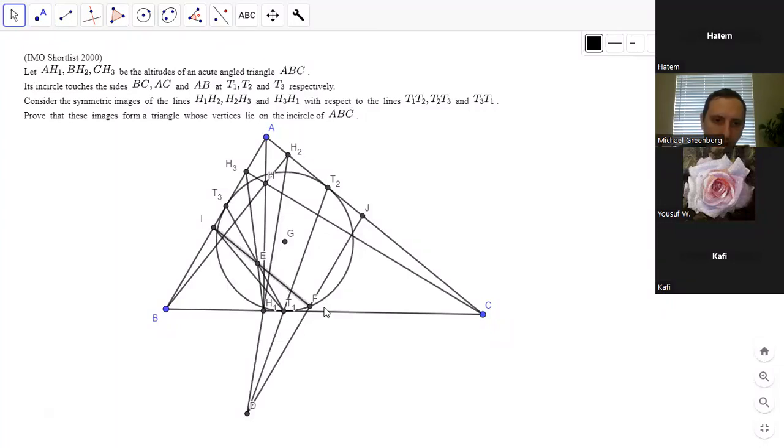So yeah, this line bisects this angle, and this line bisects that angle. It's kind of interesting.